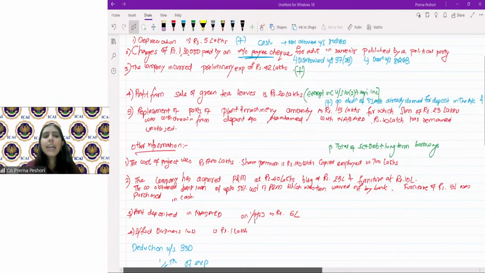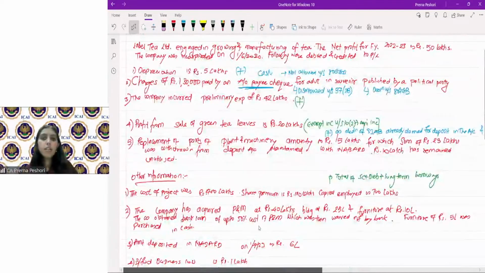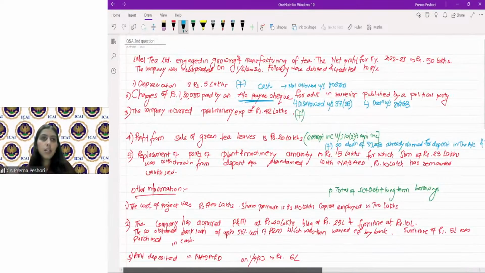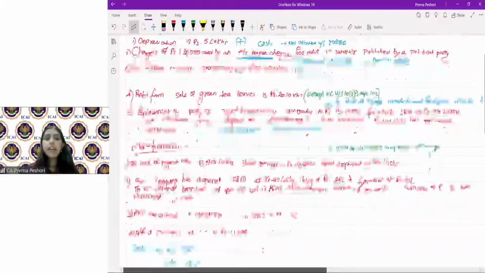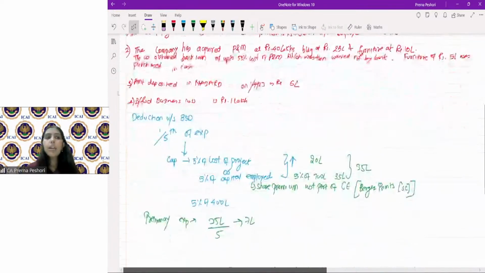So this 10 lakhs will be deemed to be business income. 10 lakh will be deemed as my business income. Are we clear?